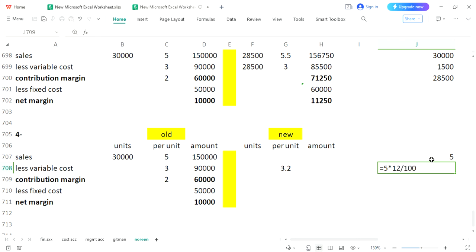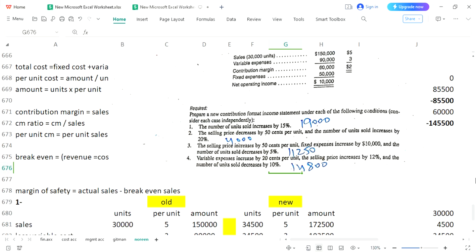So this is the increase, and the new selling price would be what? To increase, you will add the total increase. So here your new selling price has arrived, which is 5.6.